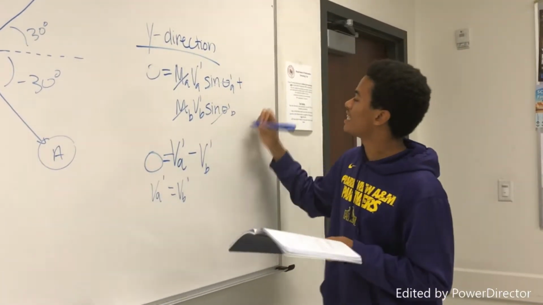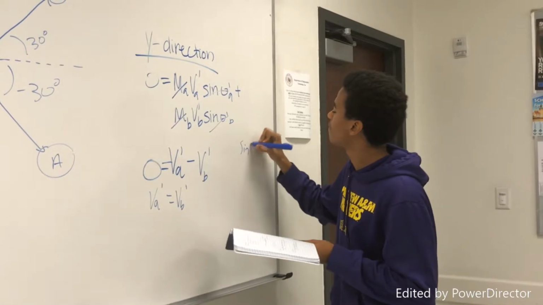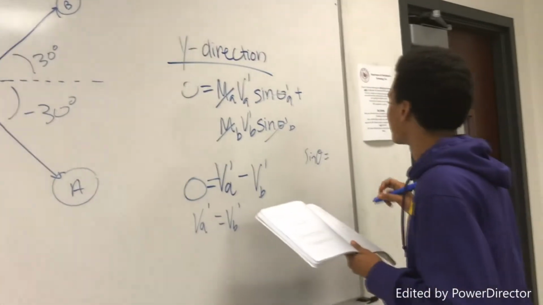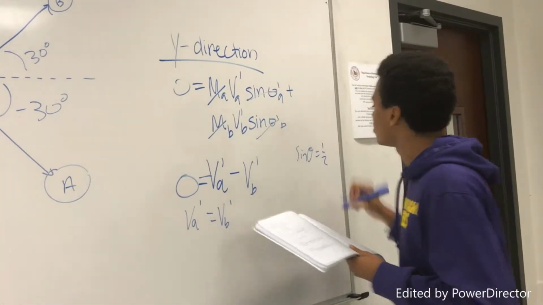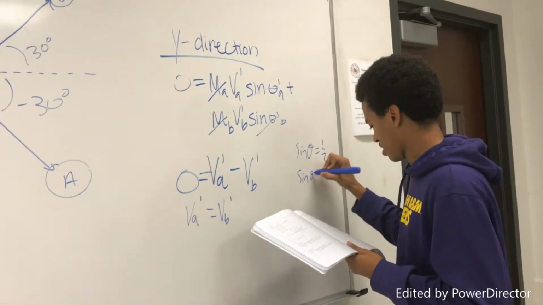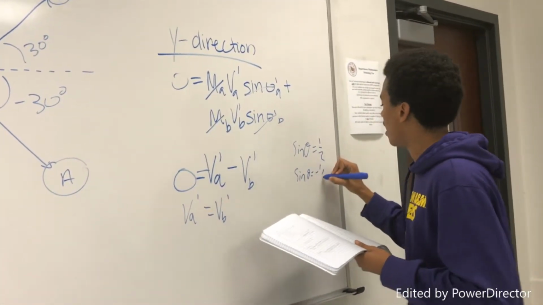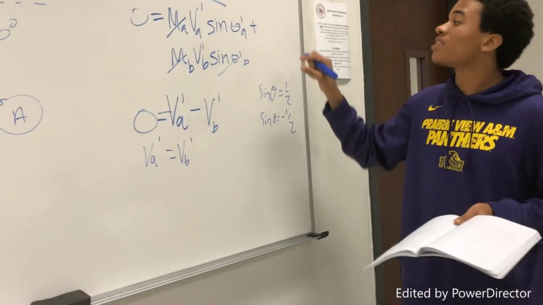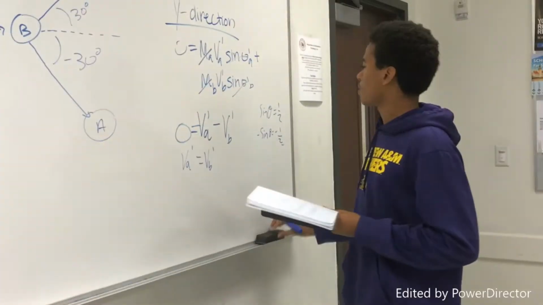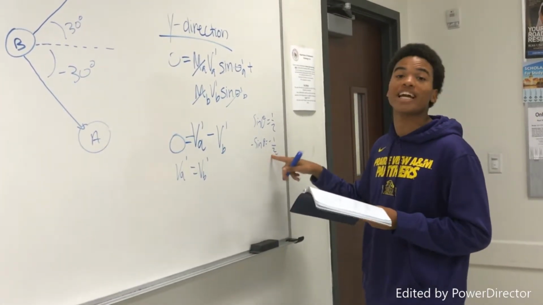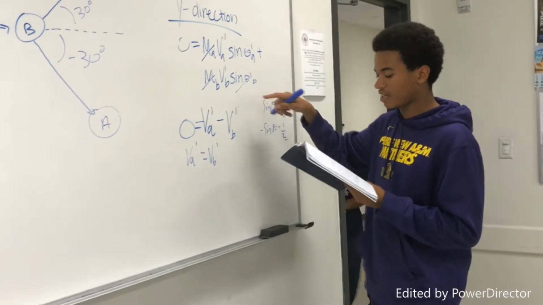The reason why sine of 30 equals 1/2 and the negative sine of theta equals -1/2, even though my counterpart did not explain this, is why these two cancel out.